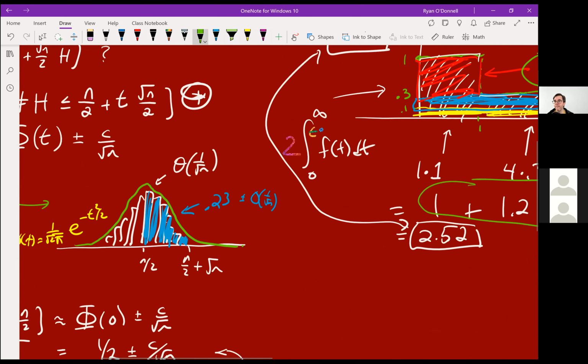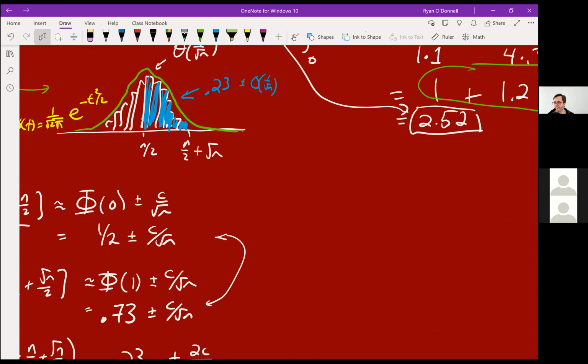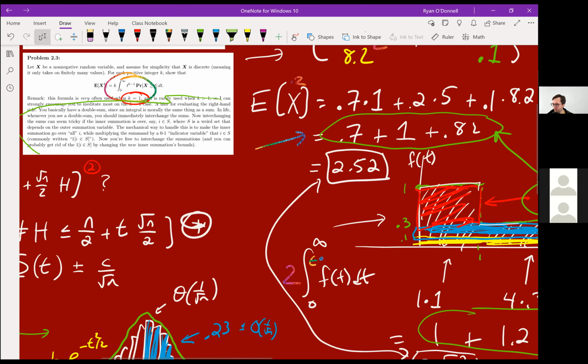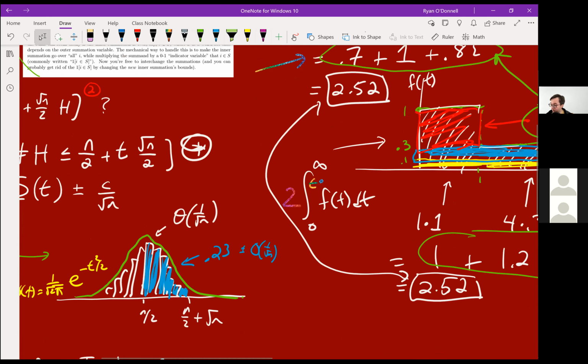One quick question about the hint. It's saying to interchange the sum. Well, I think an integral is morally the same thing as a sum. I was just wondering if we know we are allowed to interchange the integral and the sum. Good question. Good point.